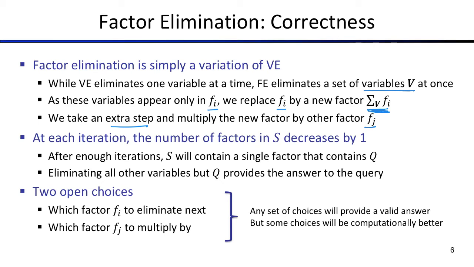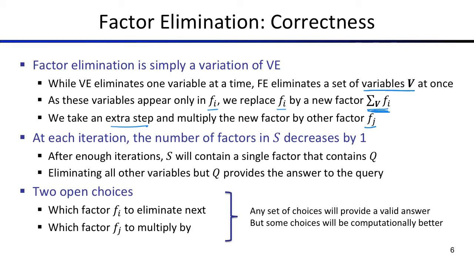So it's clear that at each iteration of this algorithm, we're going to eliminate one factor. So we're going to decrease the size of the set S that has all the factors by 1. And after enough iterations of this algorithm, this set S will have only one factor, and this factor is the FR, the factor that mentions the variable Q. As we have this final factor, we eliminate all the variables that we have in this factor FR but the variable Q, and then it's going to give us an answer to our query.